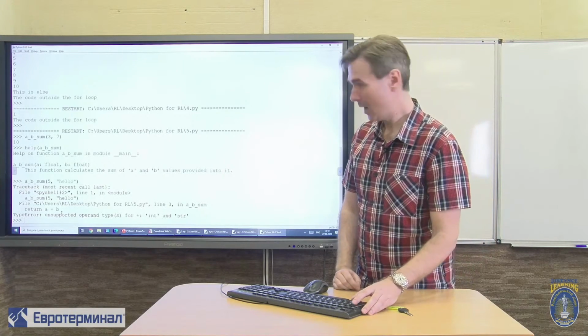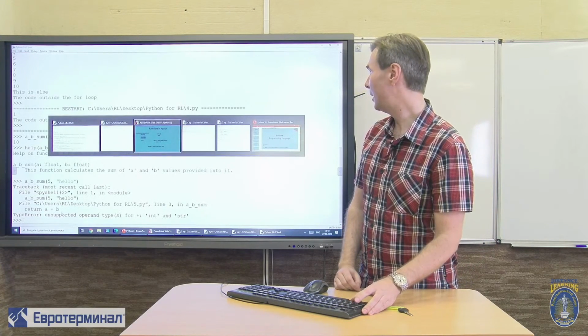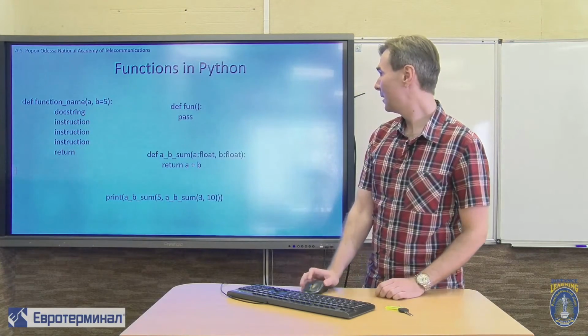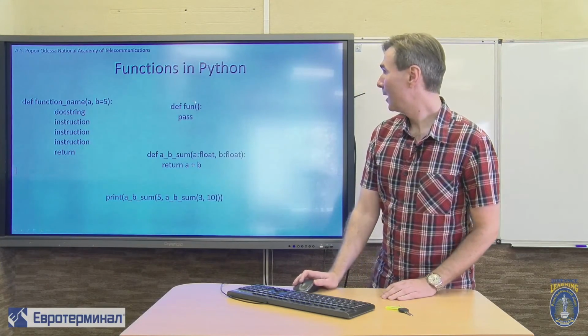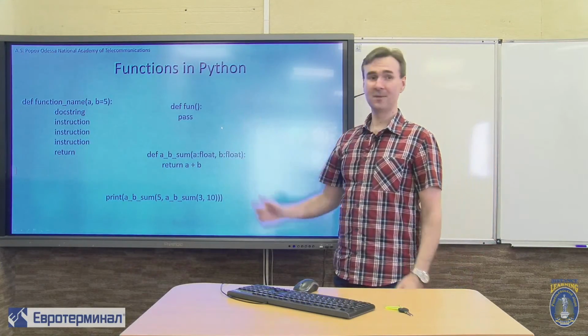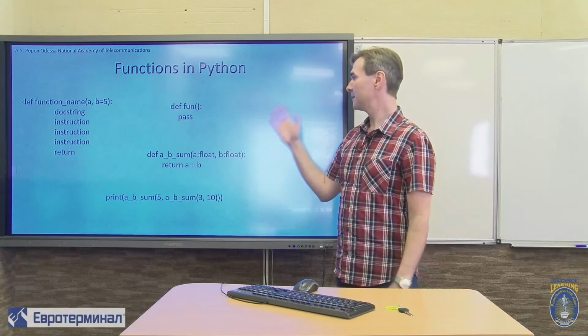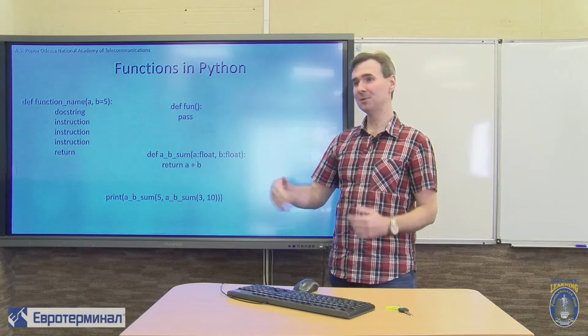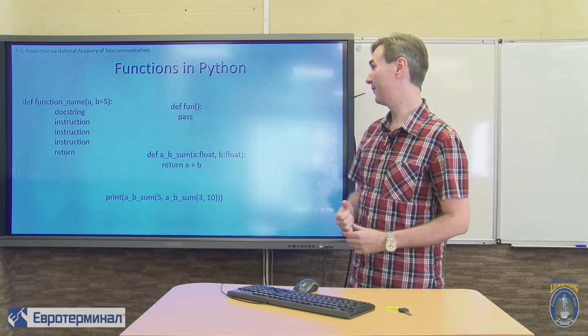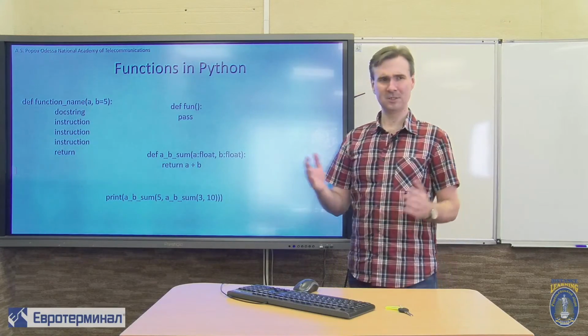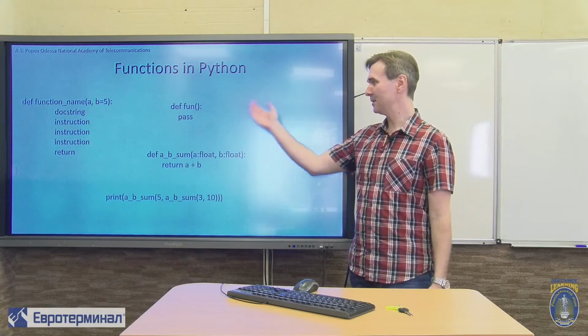Now, let's get to this. Here we see a function that actually does nothing. The pass keyword means that the interpreter should go to the next block of code. But the question is, what does it return?